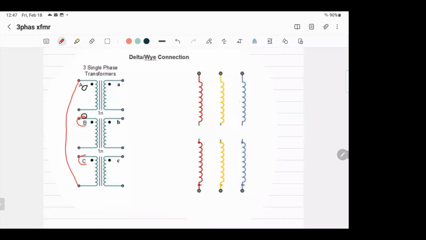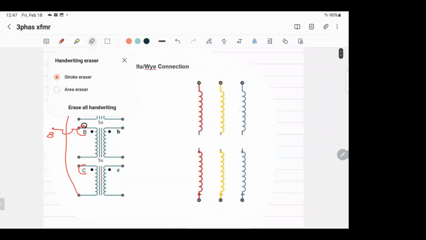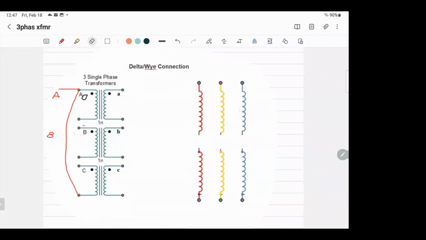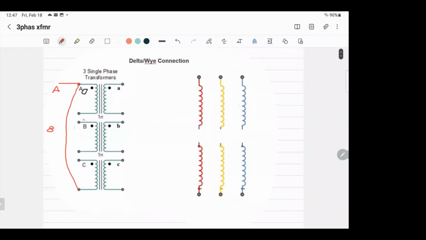The input still goes in A, B, C. So I have a wire at A, and make sure it doesn't touch it. B, and one for C. So that's how I connect delta.